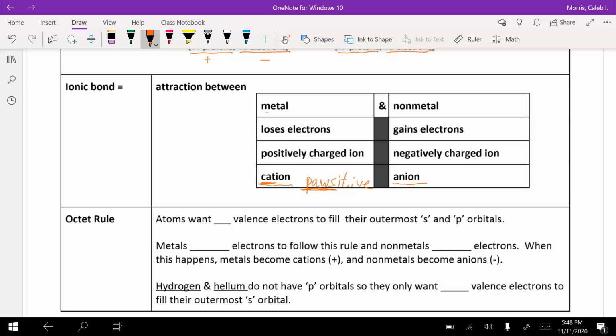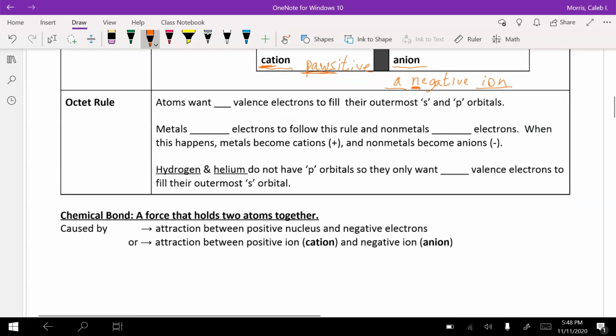The cations are positive. Anions, I remember it's a negative ion. And if you just abbreviate negative with N, then that spells anion, a negative ion, anion.